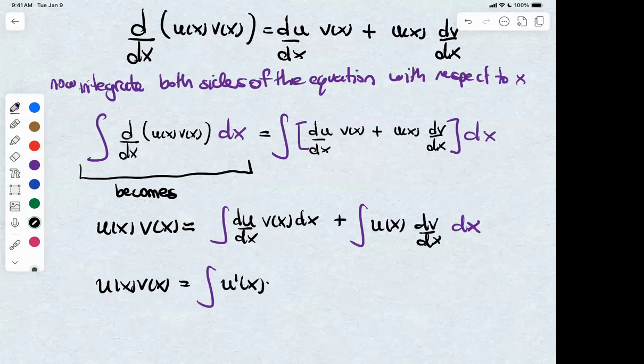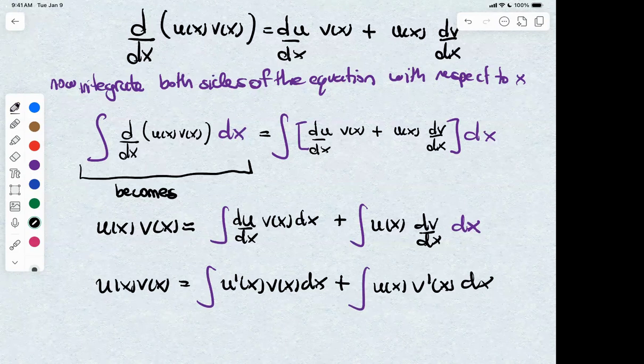So you get u prime of x times v of x, and the other one would be u of x times v prime of x. That is just what you get by reversing the product rule. If you take the product rule and integrate both sides, that's what you get automatically.